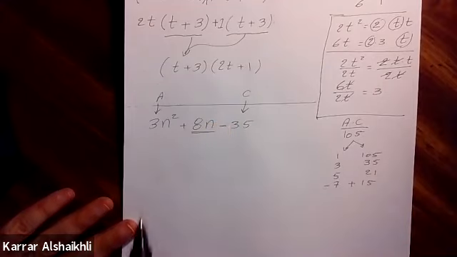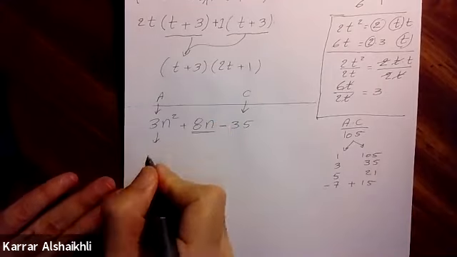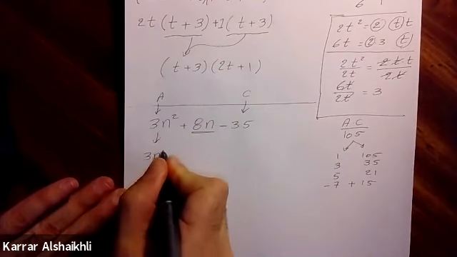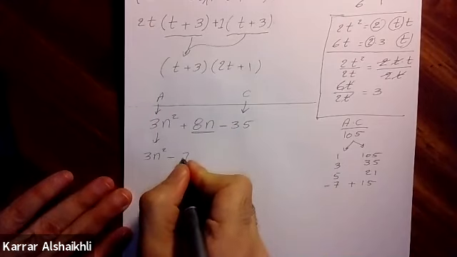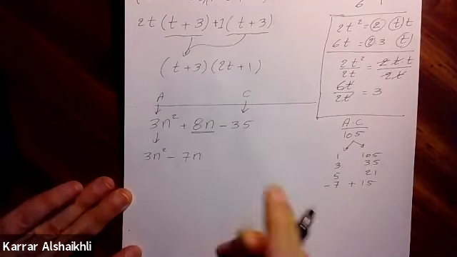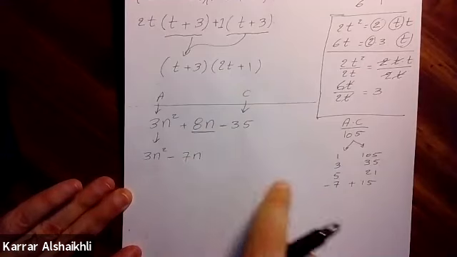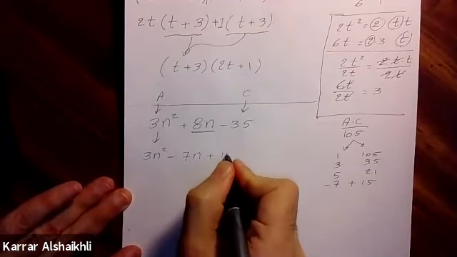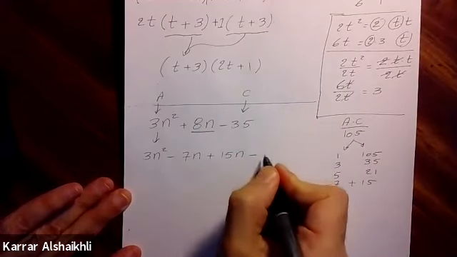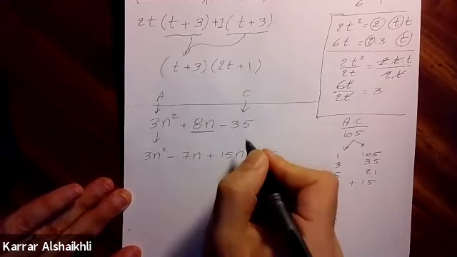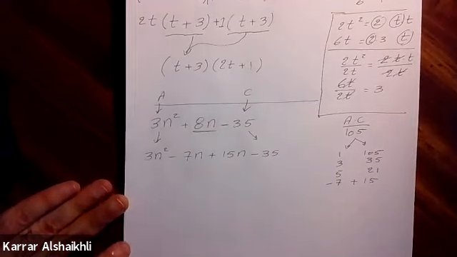So the same thing. I'm going to write down 3n squared minus 7n. I have to put the n plus 15n minus 35, the last term.